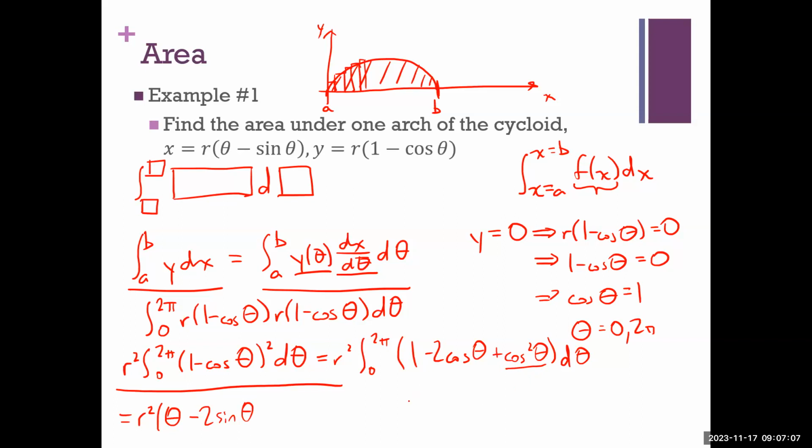One of the trig identities we talked about a while ago: cosine 2 theta equals 2 cosine squared theta minus 1.